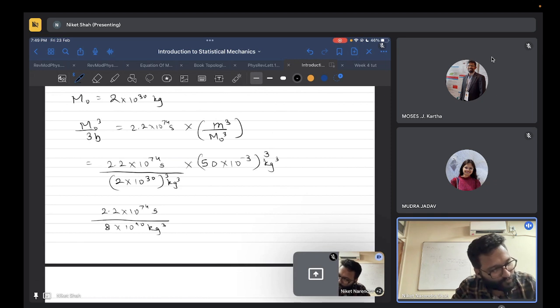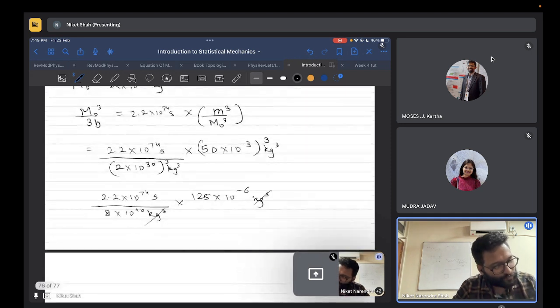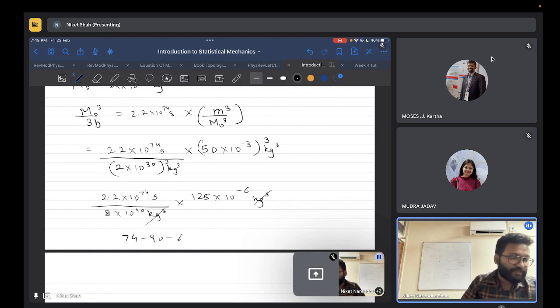So 2.2 into 10 raised to the power 74 seconds divided by 8 into 10 raised to the power 90 kg cube, multiplied by 125 into 10 raised to the power minus 6 kg cube. This is also kg cube actually, so the kg cube goes away. So the powers are basically 74 minus 90 minus 6. What do we get here? 74 minus 90 is minus 16, so minus 22.